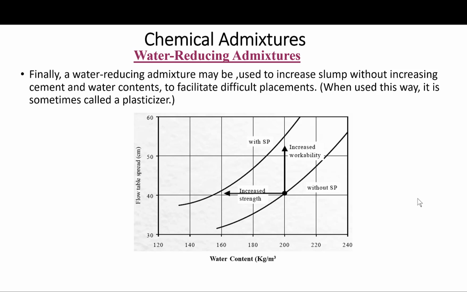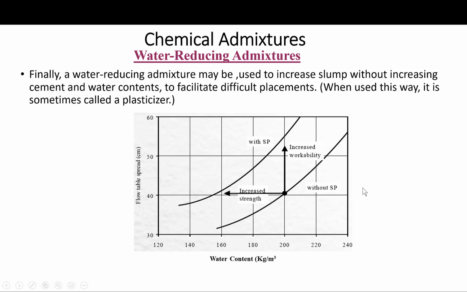Finally, a water-reducing admixture may be used to increase the slump without increasing cement and water contents, to facilitate placements in difficult situations. When used in this way, it is sometimes referred to as a plasticizer.